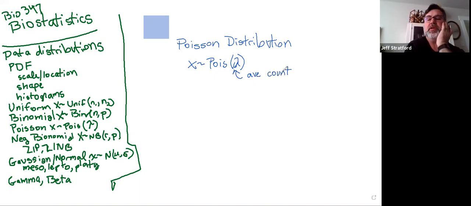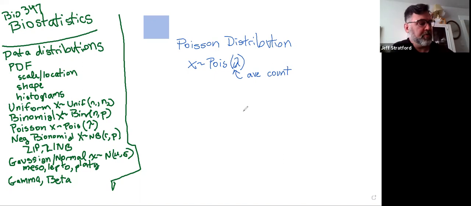So the Poisson distribution is a count distribution, so the data are integers. And so lambda could be 0 and anything above that. But here's an important thing: you only need the average because the shape is determined by the average.